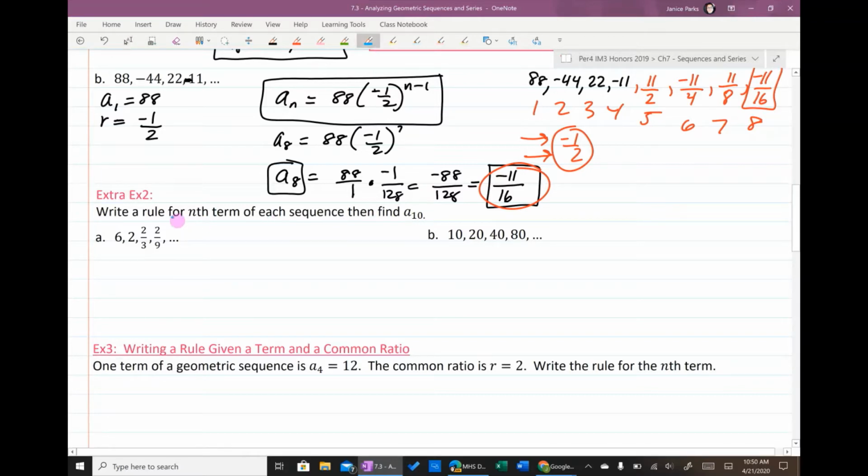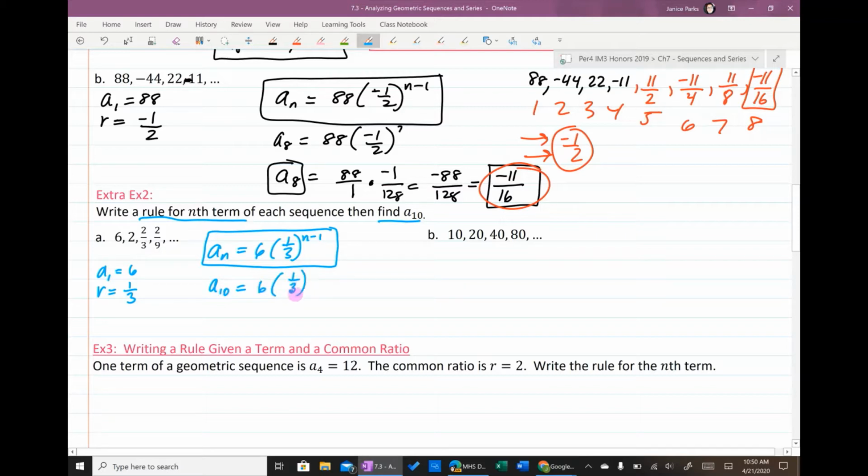So they want us to find the rule and then the 10th term. So A1 is 6. They're dividing by 3, so the common ratio is 1/3. So 6 times 1/3 to the n minus 1. And 1/3 does need to be in parentheses. If you want the 10th term, then it's 6 times 1/3 to the 10 minus 1.